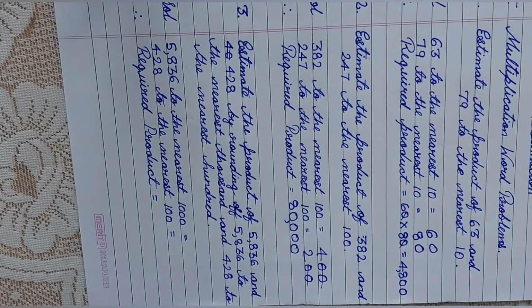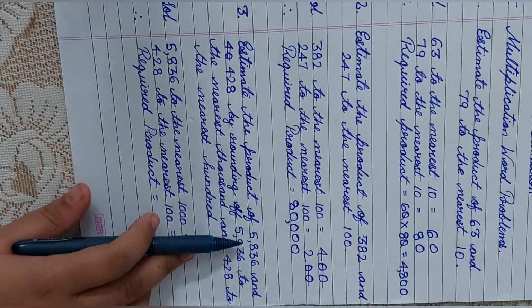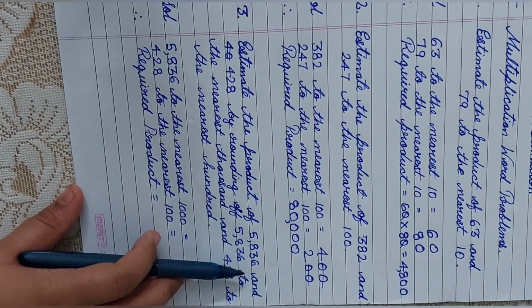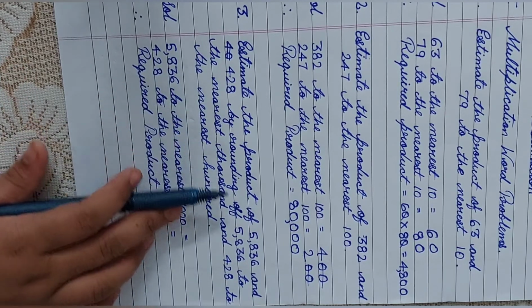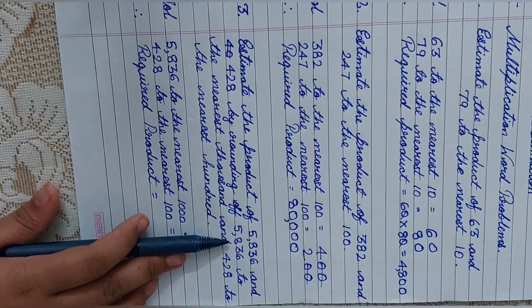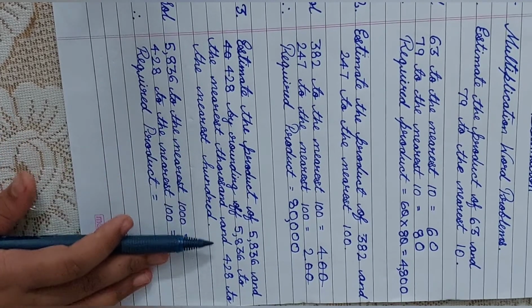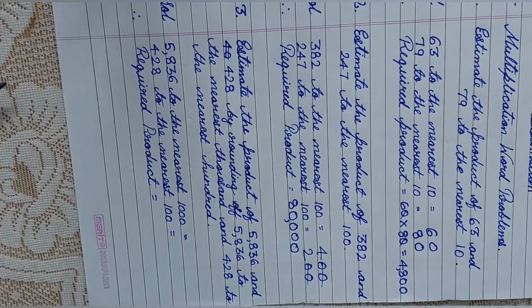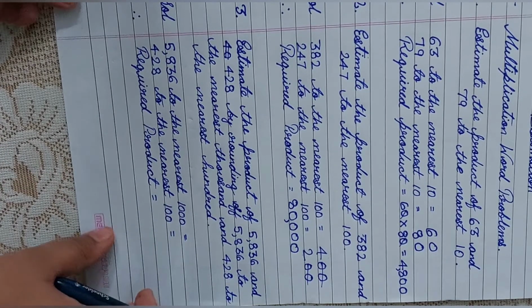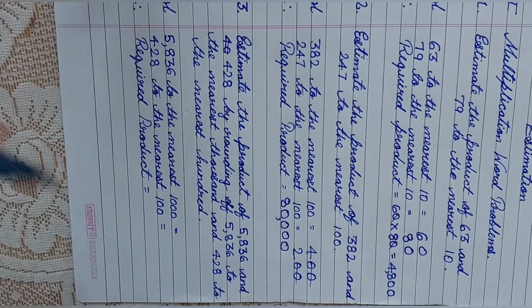Okay, so the next question is: estimate the product of 5,836 and 428 by rounding off 5,836 to the nearest 1,000 and 428 to the nearest 100. Whenever you see this type of question, you have to be very careful.